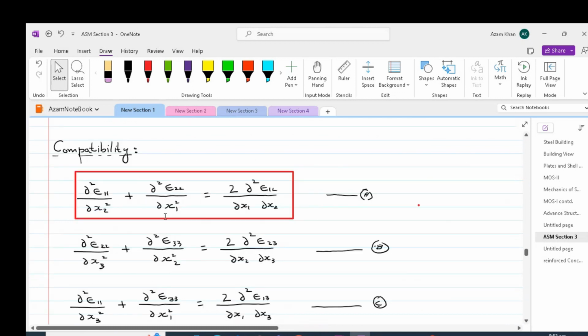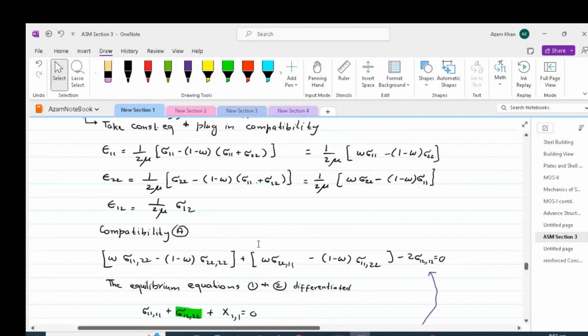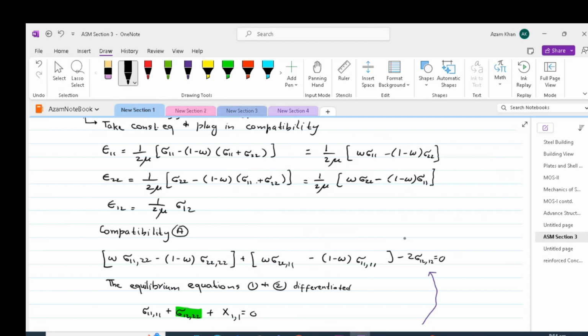The second term, epsilon 2 differentiated twice with respect to x1, we perform on the second equation. So the second bracket has sigma 2 differentiated twice with respect to x1, and (1 minus omega) sigma 1 differentiated twice with respect to x1, and then minus 2 times sigma 12,12.